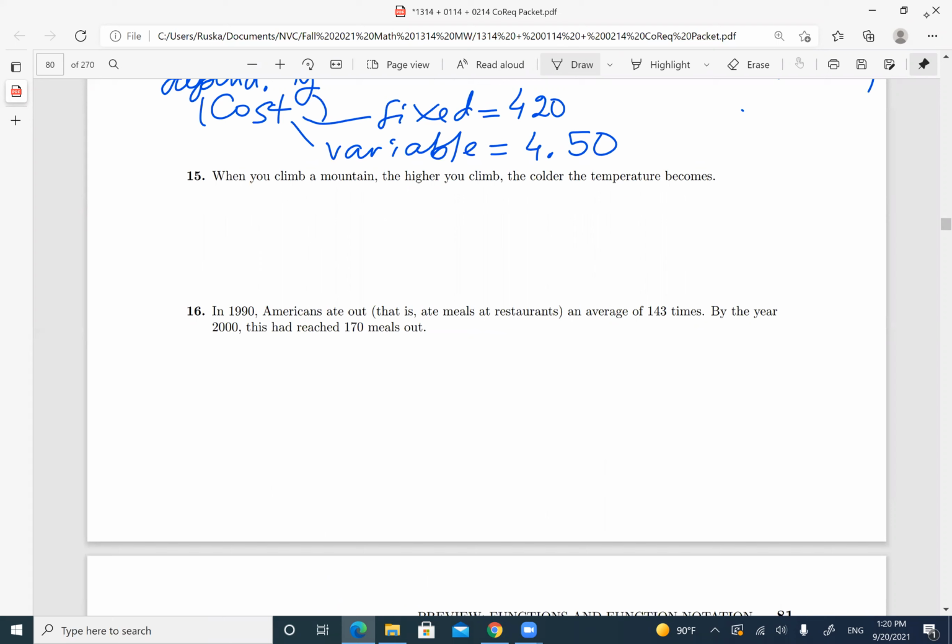Okay, in 1990, Americans ate out at restaurants an average of 143 times. By the year 2000, this had reached 170 meals out. Okay, so what is given?